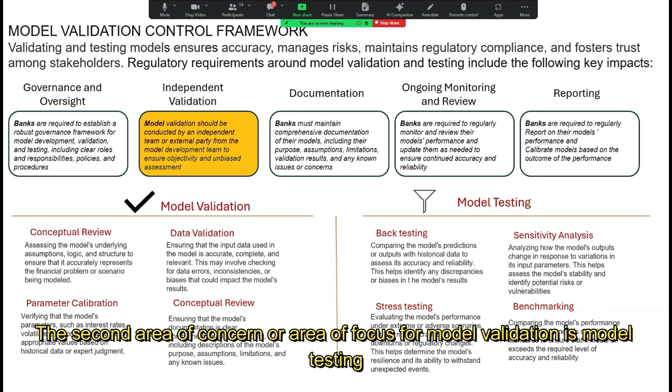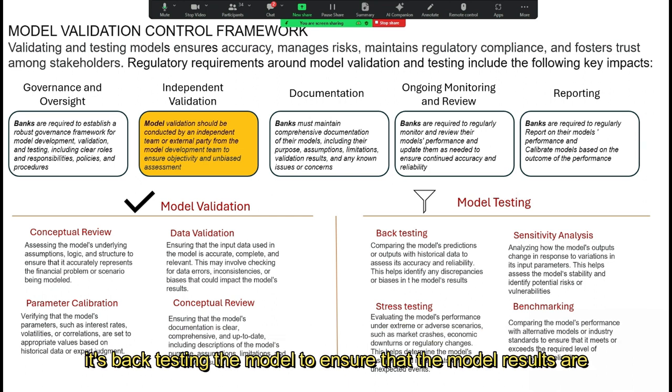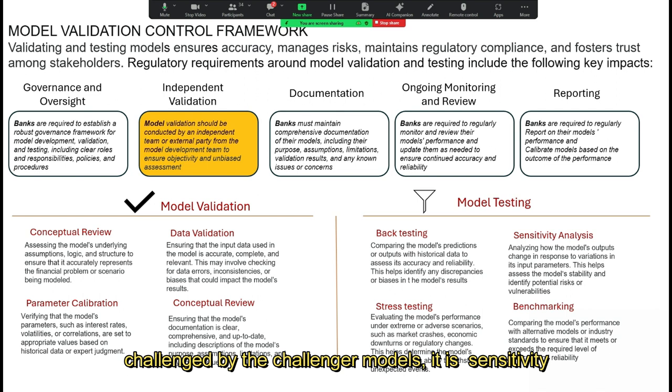And the second area of focus for model validation is model testing. As I had mentioned, it's backtesting the model to ensure that the model results are challenged by the challenger models. It's the sensitivity analysis of the output.